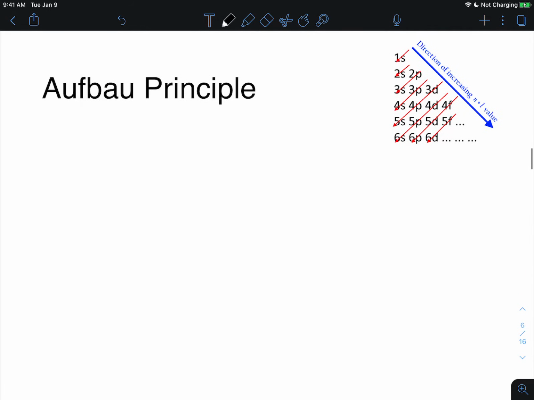Next is our Aufbau principle. Our Aufbau principle, we're going to fill electrons in our lowest energy levels first before higher energy levels are filled.